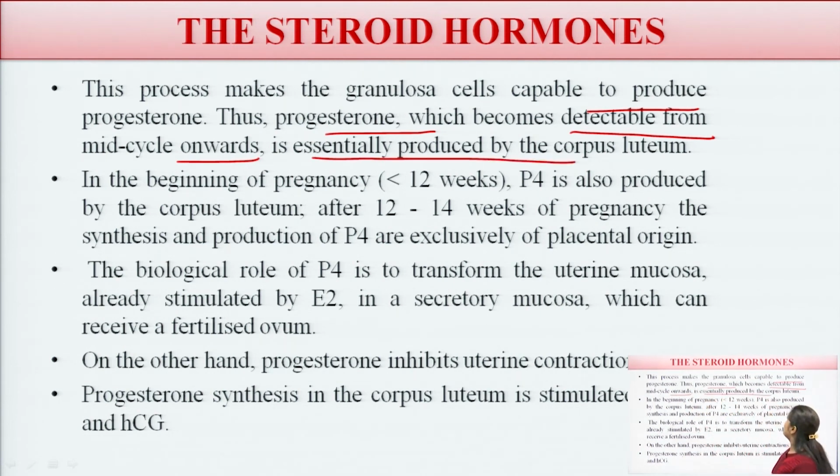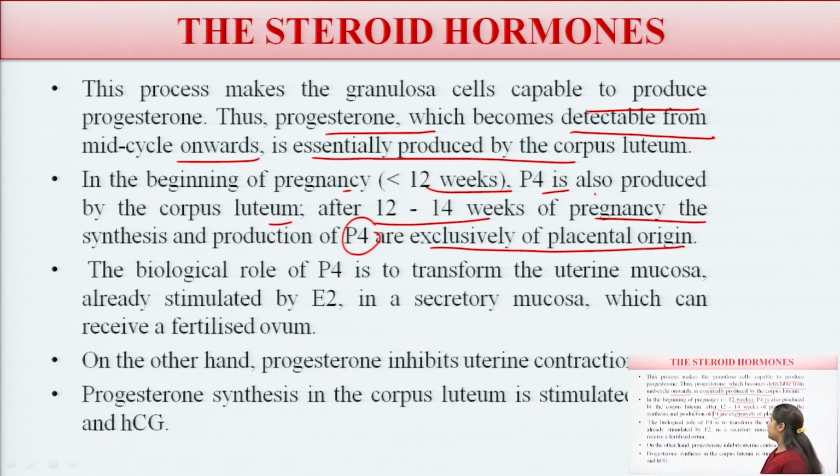This is essential for the corpus luteum at the beginning of pregnancy, that is, for the first 2 weeks; progesterone is also produced by the corpus luteum. After 12 to 14 weeks of pregnancy, the synthesis of P4 is exclusively of placental origin.